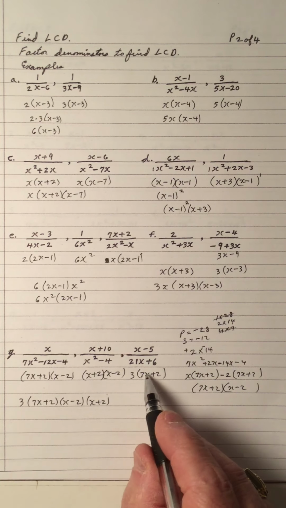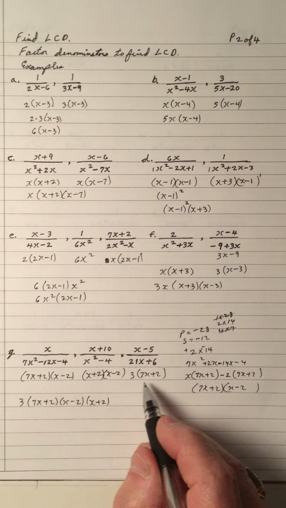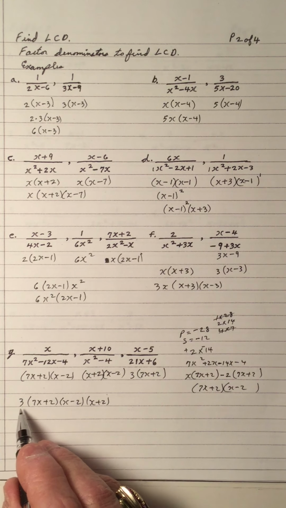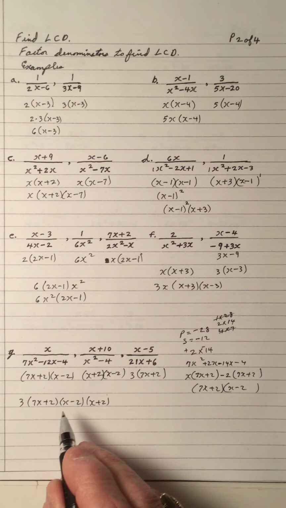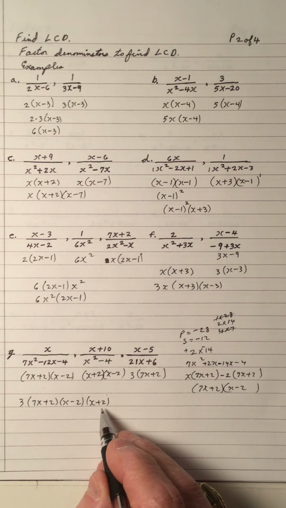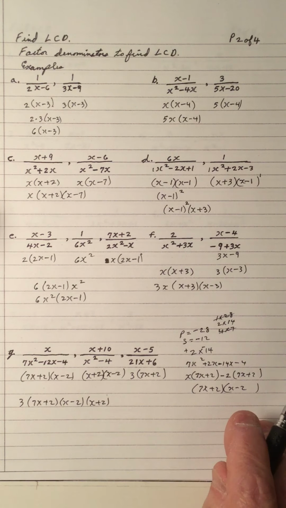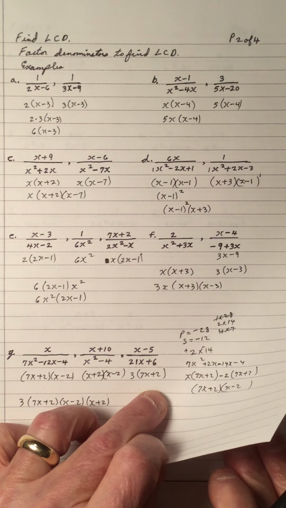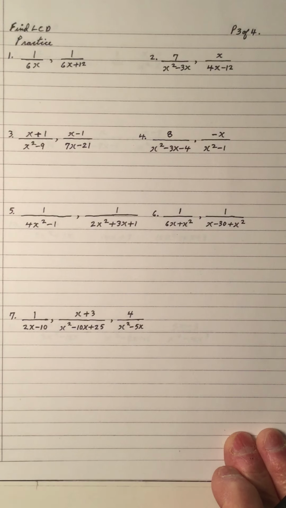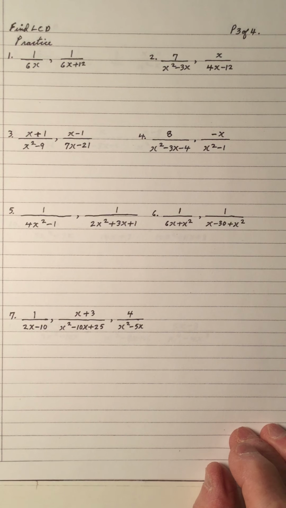And do I have any? There are no square powers, cube powers, so that's the LCD. 3 times 7x plus 2 times x minus 2 times x plus 2. Again, factor your denominators and pick out the LCD. You've got to have one of each. And if you have more powers, then you've got to take the highest power.